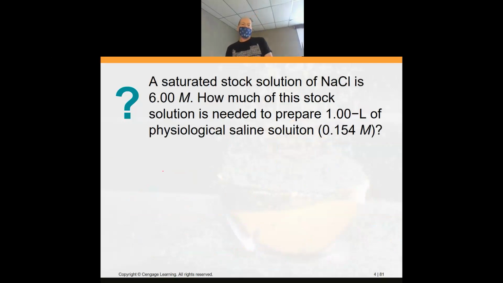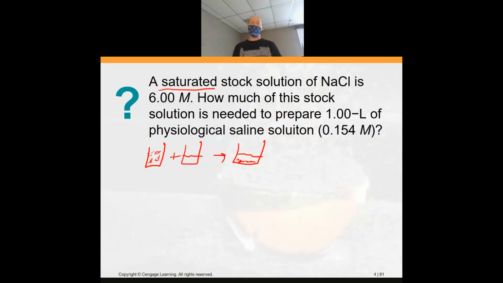All right, saturated. Saturated means you're putting in a bunch of solute. So saturated means that you have NaCl, except now you basically fill the beaker with NaCl, and then you add a small amount of water. So then you add a little bit of water, and what you end up with is this water that's stirred, but there's still NaCl at the bottom. So saturated means you added too much solid.